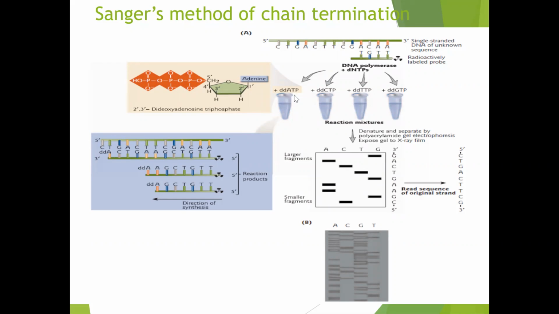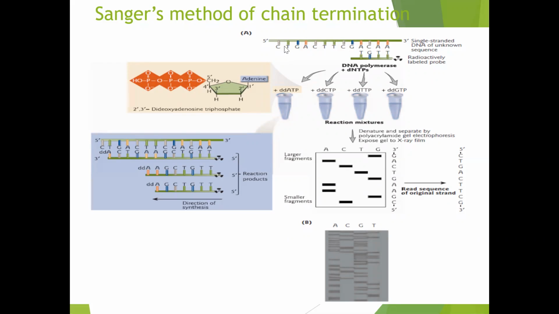That means there is a possibility that this ddATP gets incorporated during the synthesis of DNA wherever there is T in the template. Am I right? Wherever there is T in the template. So how many positions are there with T in the template? Just look at it.